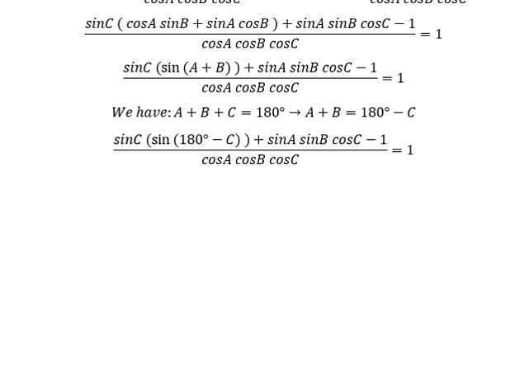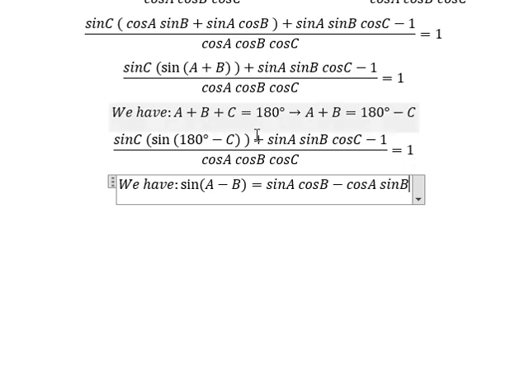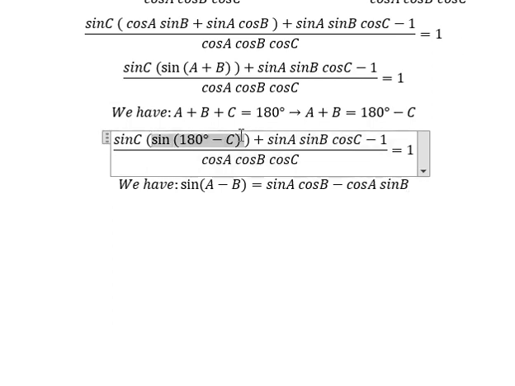Now we have the next formula. That is about sine of A minus B equals to sine A cosine B minus cosine A sine B. So we can apply this one go in here.